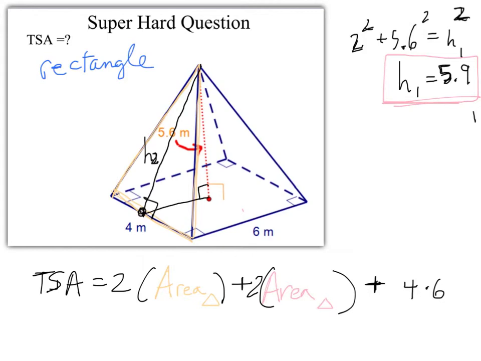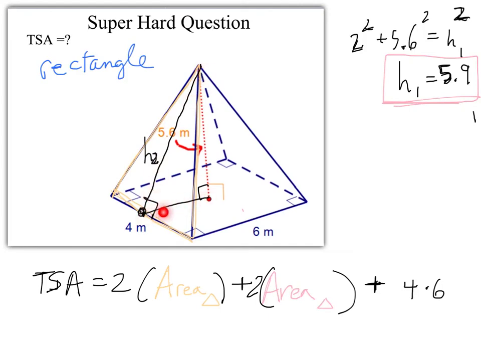Aha. I can use the Pythagorean theorem, because again, the height of the pyramid goes straight down, forms a 90-degree angle with the base, and that makes this height, my slant height, or the height of my lateral triangle, the hypotenuse of a right triangle. So I can set up 5.6 squared plus whatever this is squared equals h sub 2 squared.